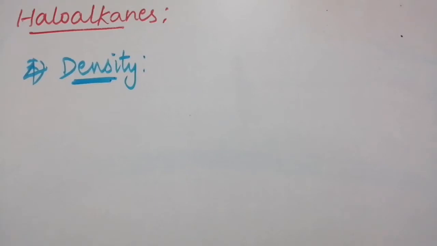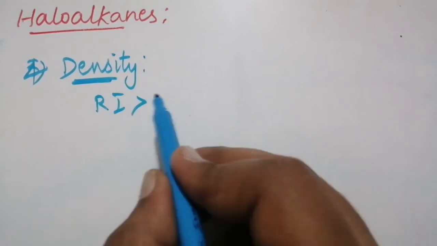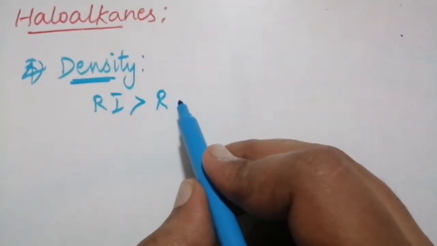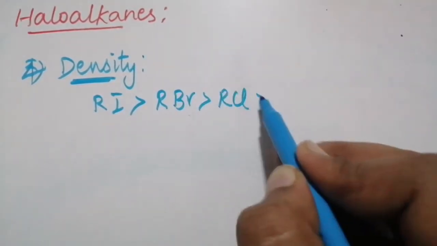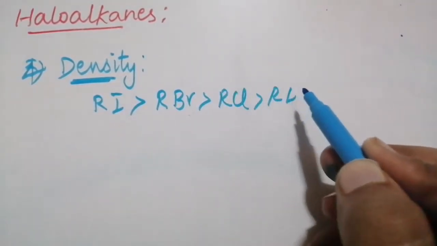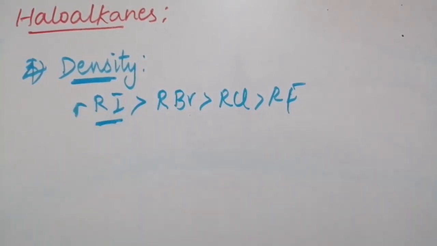If size is more, then mass is more. It is the same as in the case of boiling point: RI, RBr, RCl, RF. So RI will have more density, same as the boiling point.